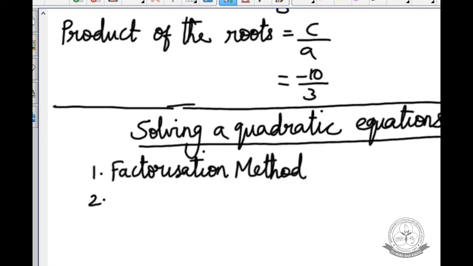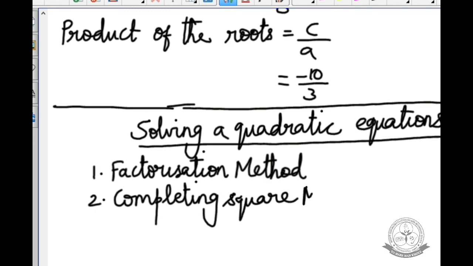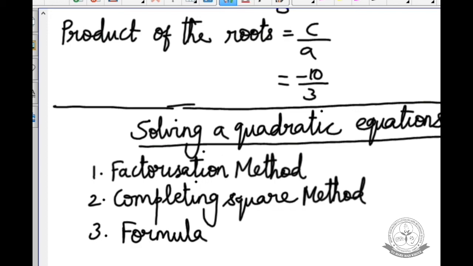Second one, completing square method. Third one, formula method. Using these three methods, we can solve a quadratic equation.